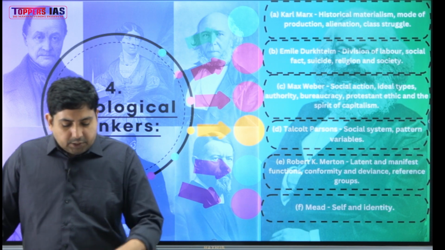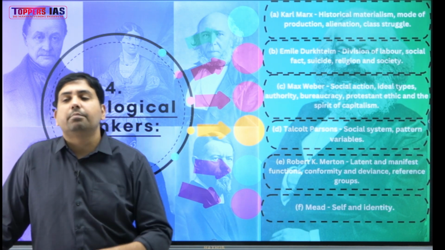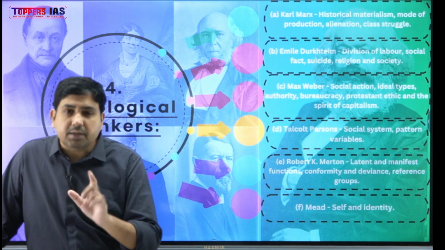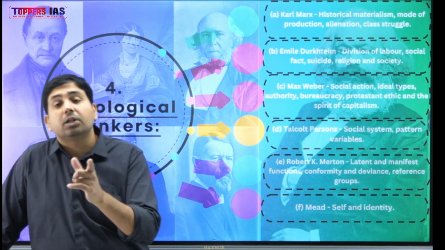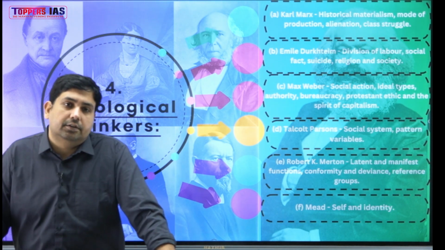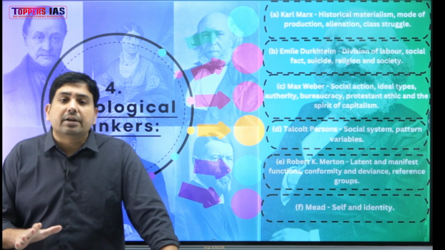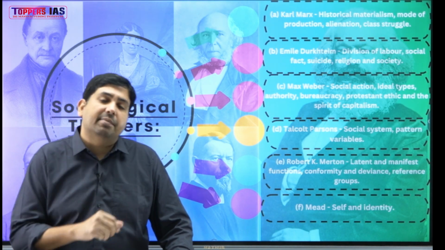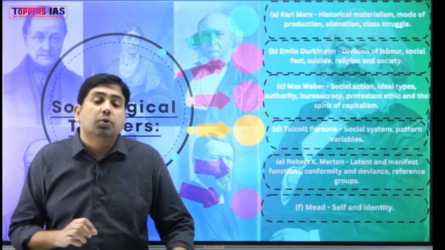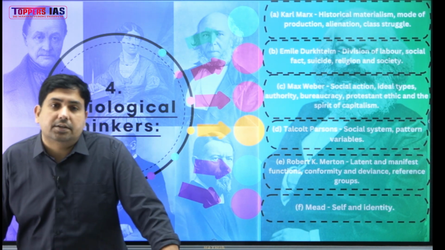When we talk about this concept of historical materialism, it represents both Karl Marx's perspective, his viewpoint, and also a methodology. So in historical materialism, we find both things here: perspective and methodology to understand society.